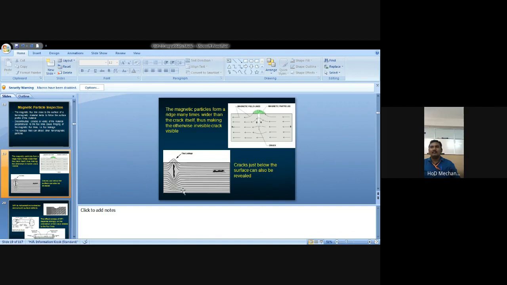See, if the defect is below the surface of the given testing specimen, that means at some minimum depth from the top surface to the defect, we are able to inspect it by using magnetic particle testing.